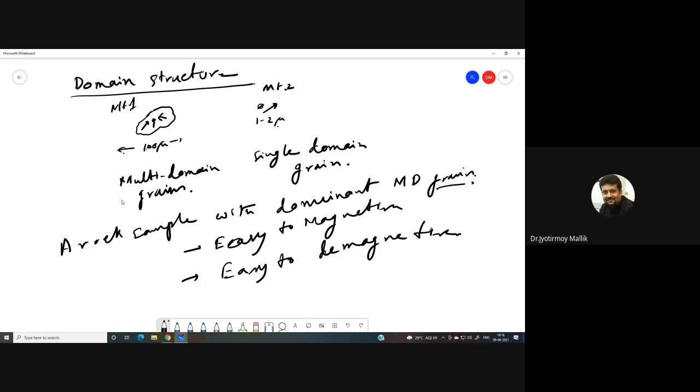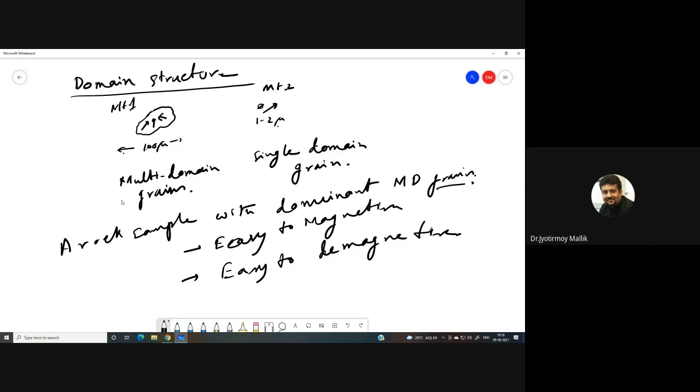What do I mean by that? That these magnetic moments, if they are multi-domain, are very easy or free to move. So you can very easily align them with an external magnetic field, and you can very easily demagnetize it. That means you can randomize them also very easily.